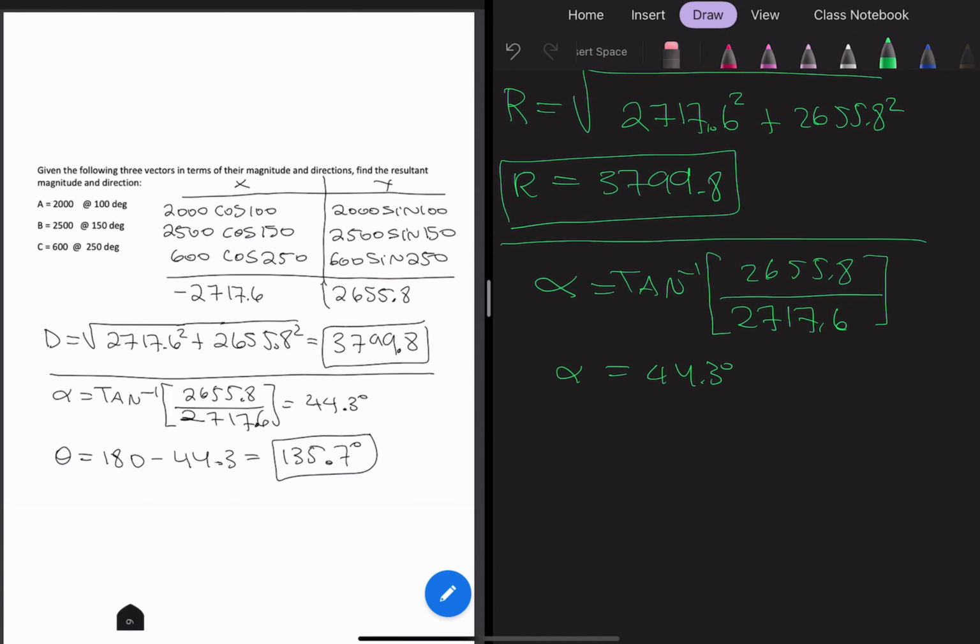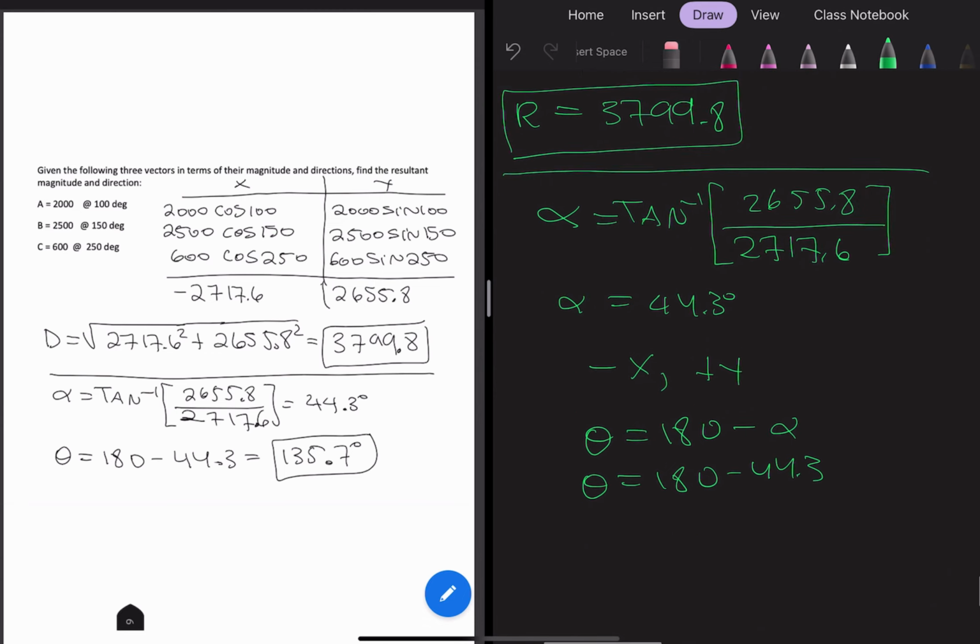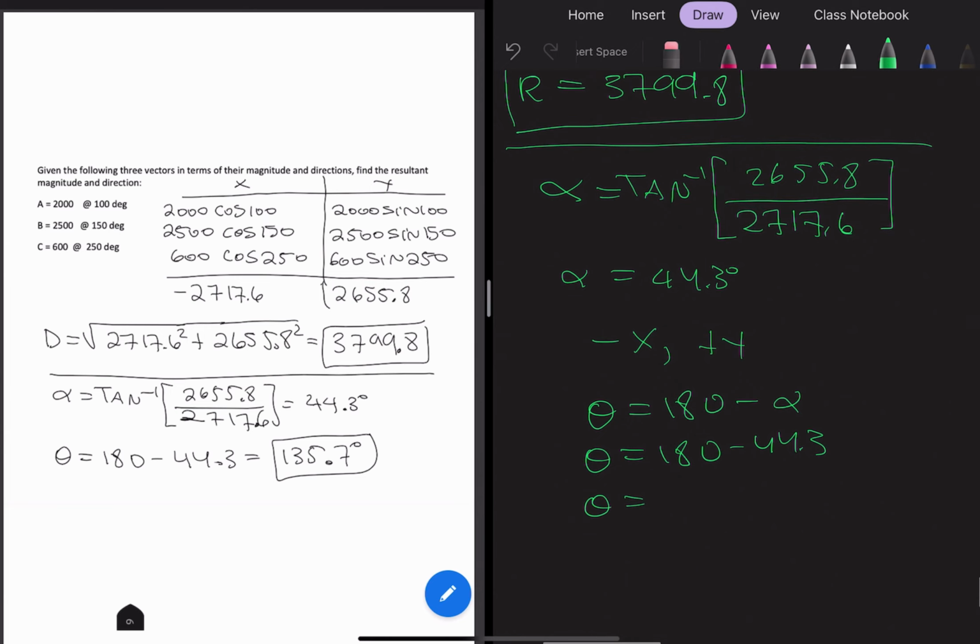And now to get the actual angle, you check that you have a negative x component and a positive y component. So the angle will be equal to 180 minus alpha. So 180 minus 44.3, and that will be 135.7 degrees.